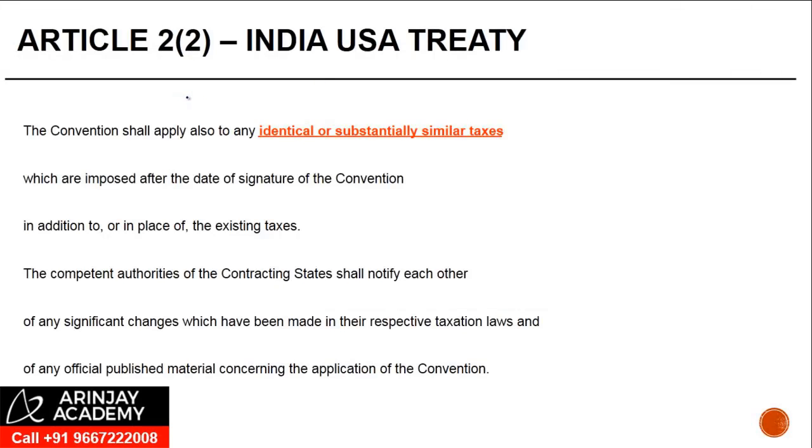I've also included the Article 2.2 of the India-USA Treaty. And this has a slightly different wording vis-a-vis what we just saw in the India-Netherlands Treaty. The convention shall apply also to any identical or substantially similar taxes. Now there's a difference between the word identical and substantially similar, right?